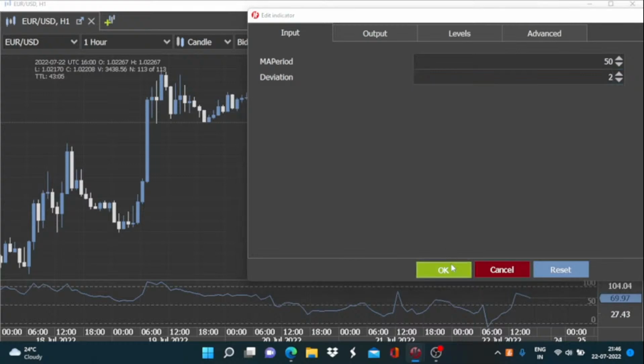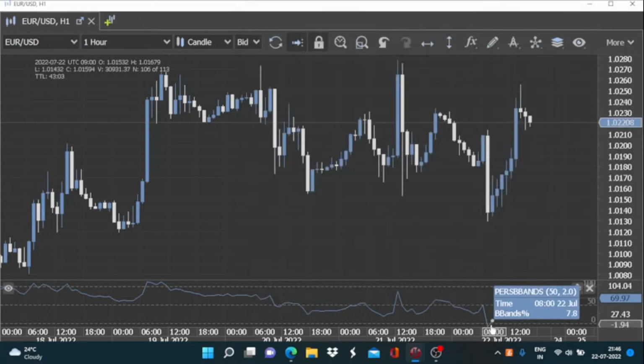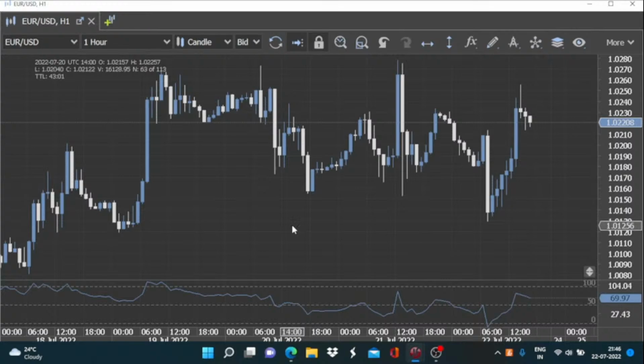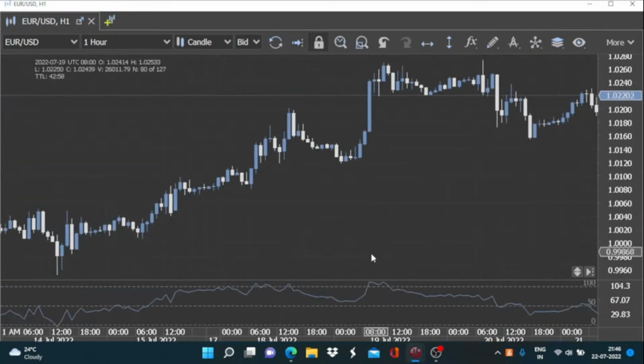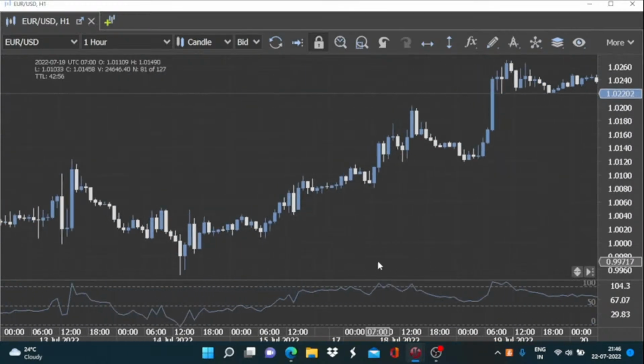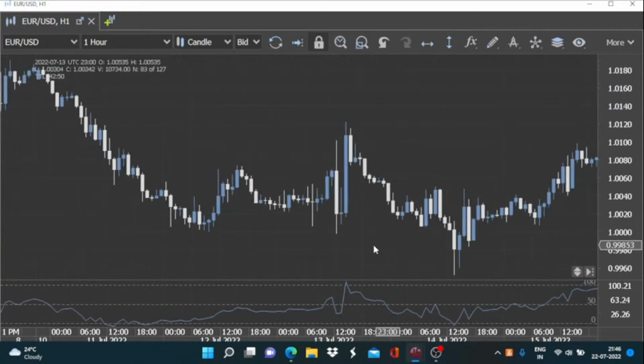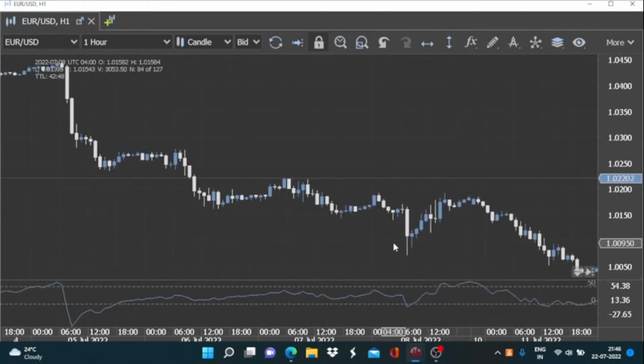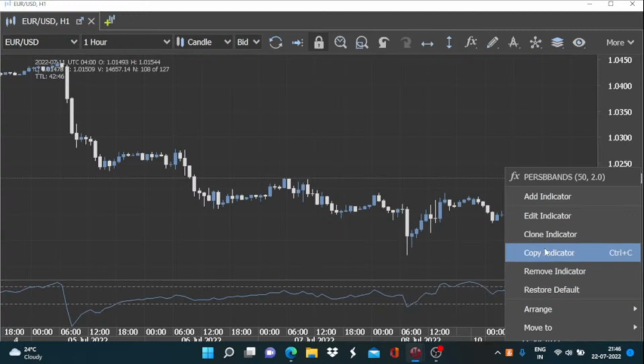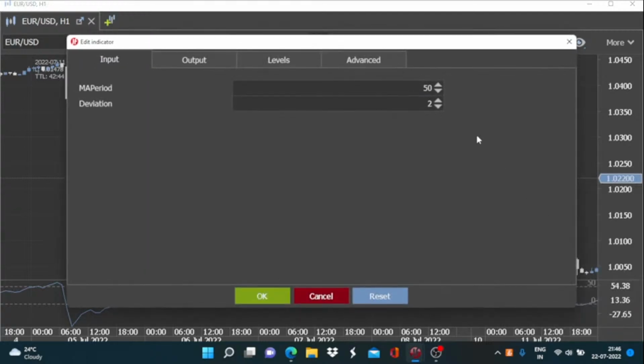So we keep the standard deviation at 2. I'll just show you how the changes in the calculation period result in different scenarios for this plotting of the percent Bollinger Band. So here we have the sustained moves. All right, and now let us try to extend it further. For that I will go to 100.